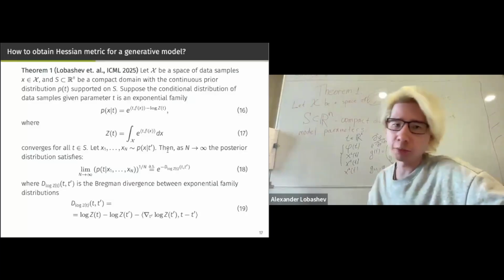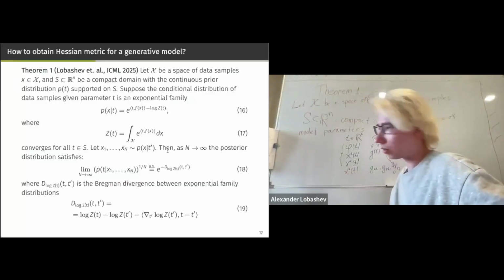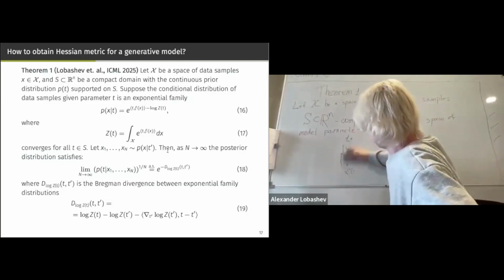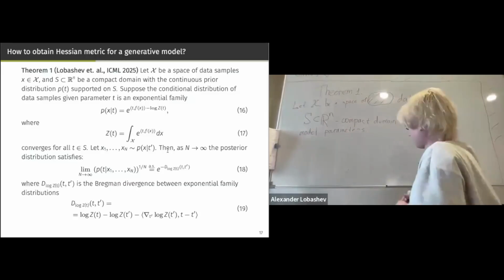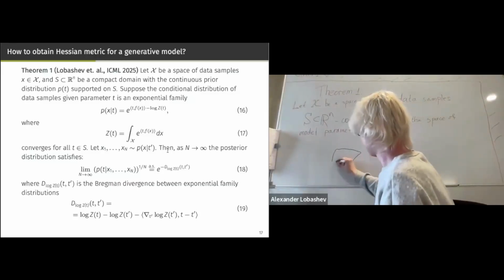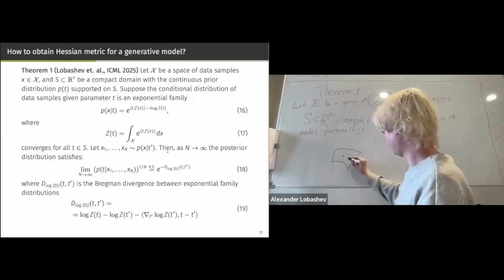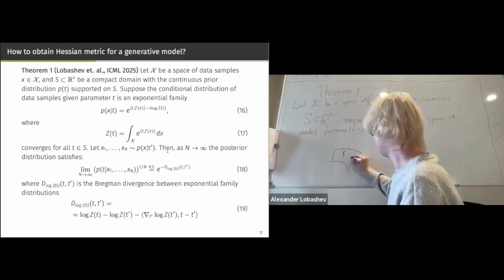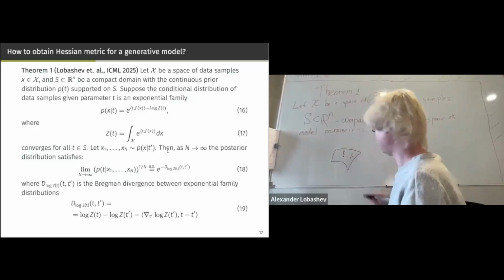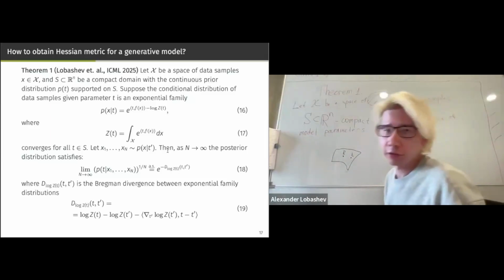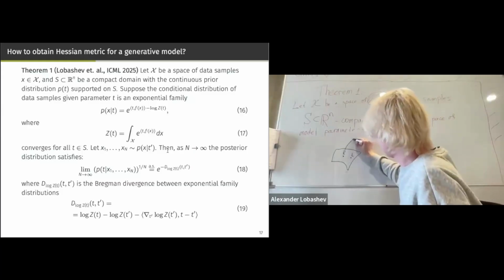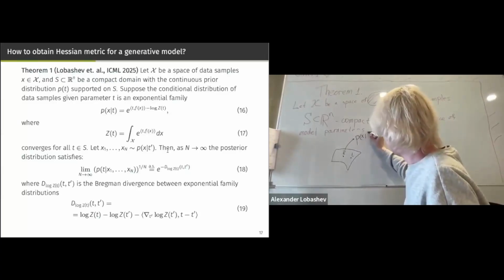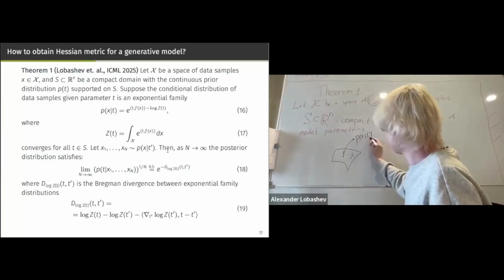And what is the interpretation of this theorem? We have some latent space, and we have a point t prime. And we have some second point t. In our stochastic generative model, every point corresponds to some probability distribution on the space of images x conditioned on this parameter t.